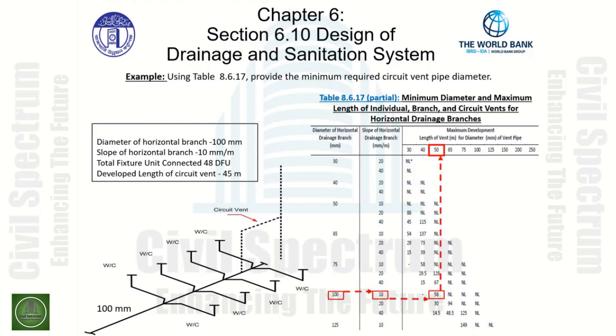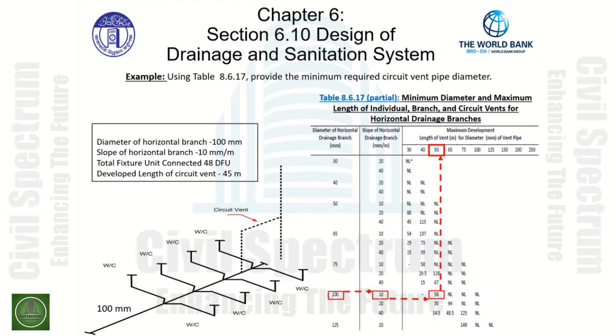An example using Table 8.6.17: provide the minimum required circuit vent pipe diameter. In our example, we have a circuit vent that is utilized in a horizontal circuit vent arrangement draining a battery of water closets.